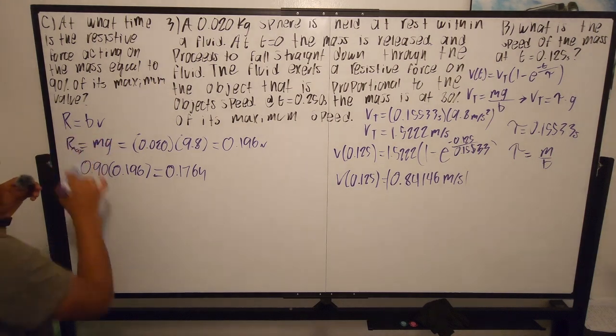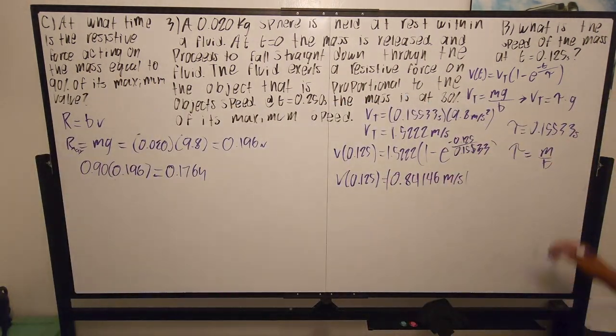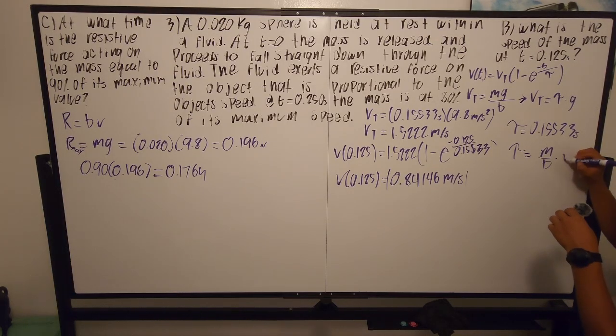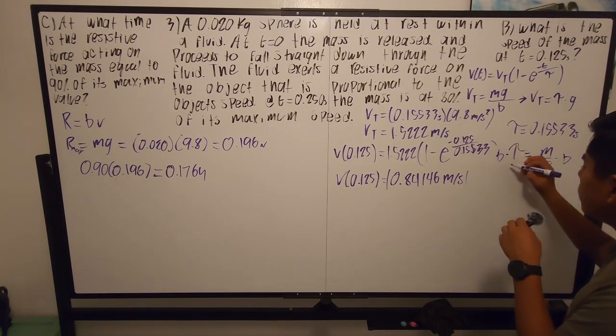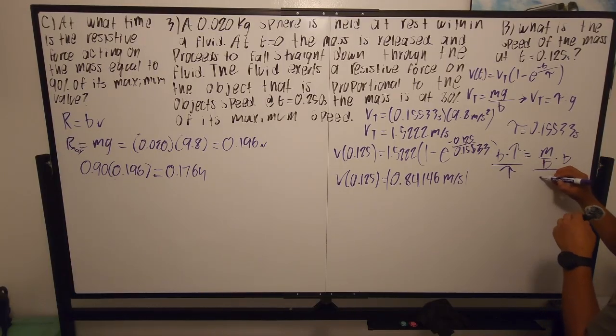But we can actually find B by using this formula right here for tau. We know tau, we know the mass, we don't know B, but we can rearrange to get B, multiplying both sides by B and then dividing both sides by tau.